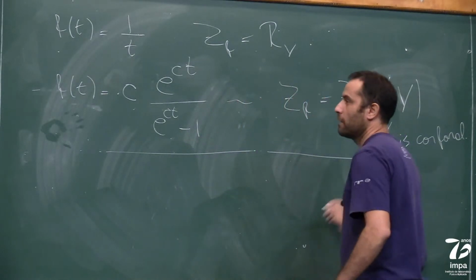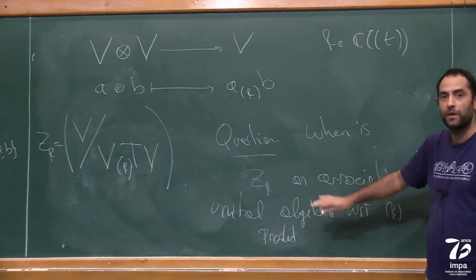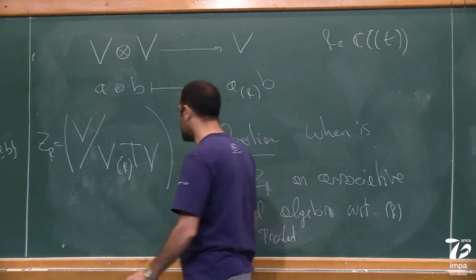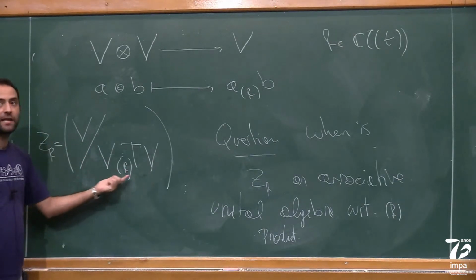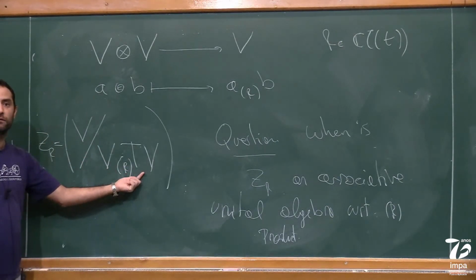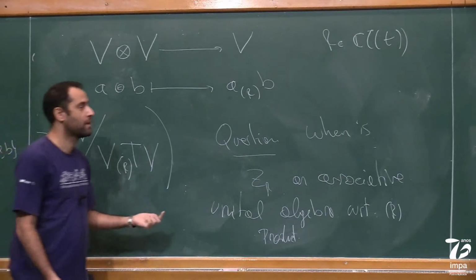So if you want to answer this question as I posed it here, then you'll say, well, let's see. The first thing I need to check is whether or not this ideal is a two-sided ideal for the f product. This is going to give you a condition on f. What is that condition?